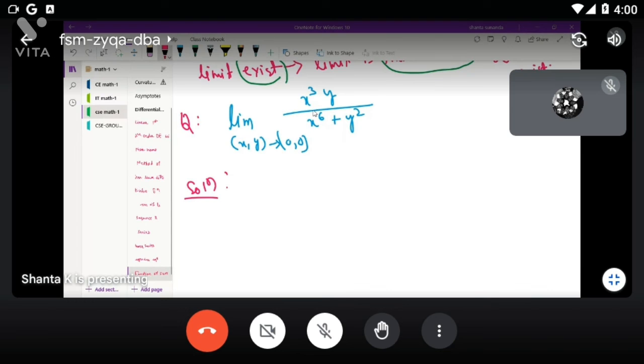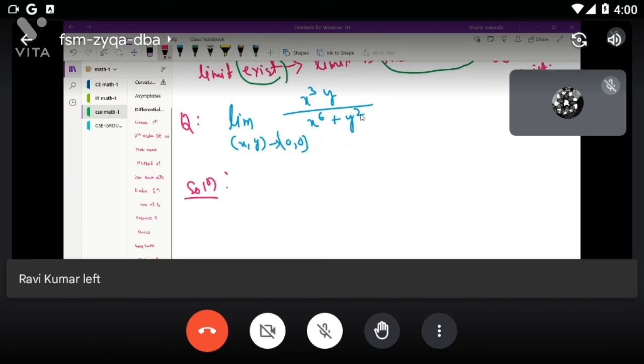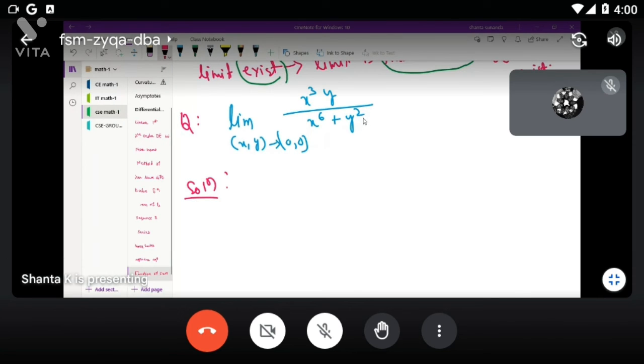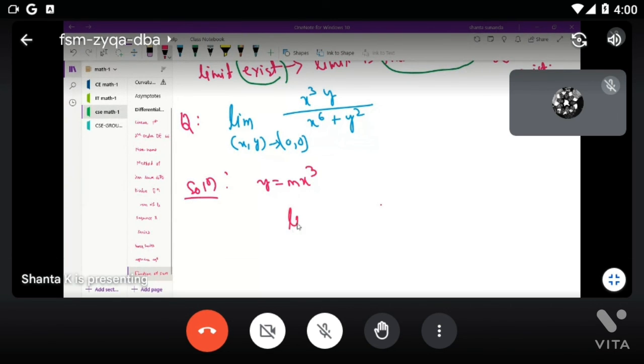See here you have x power 6. So which path will you consider? By looking at this, you can say if you consider y equals mx cube, then x is approaching 0, and with m square x6, what you are left with is m by 1 plus m square.